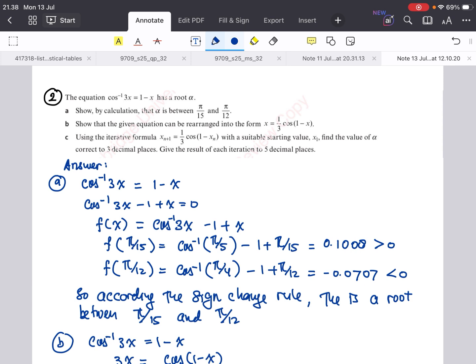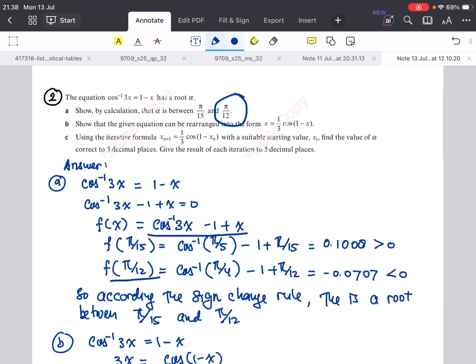So now we check the value of f(x) when x = π/15. So put it there, π/15. The result is 0.1008, which is greater than 0. And then do the same thing using x = π/12.